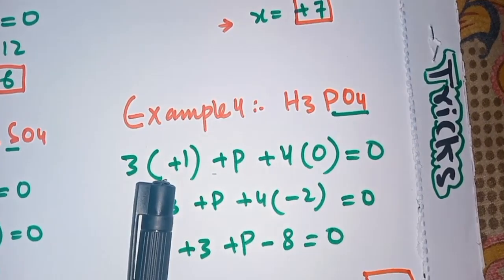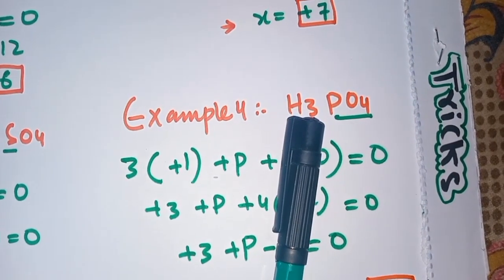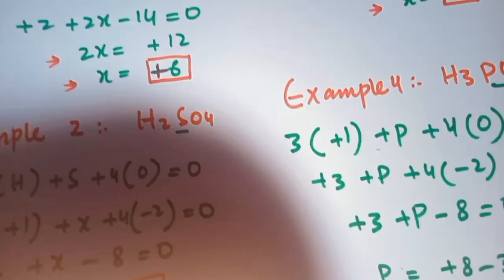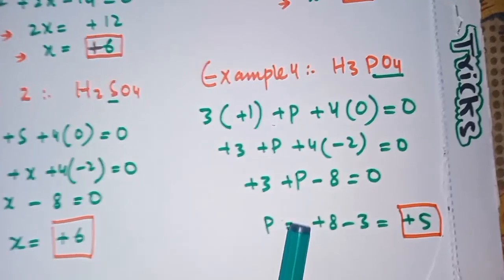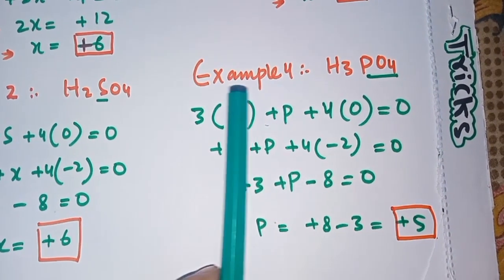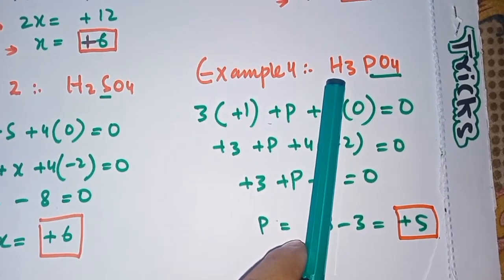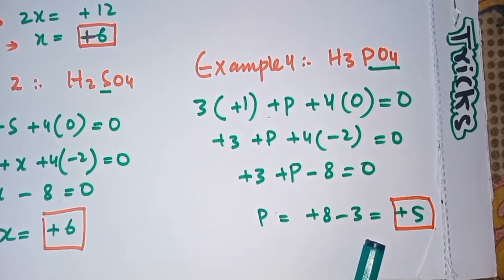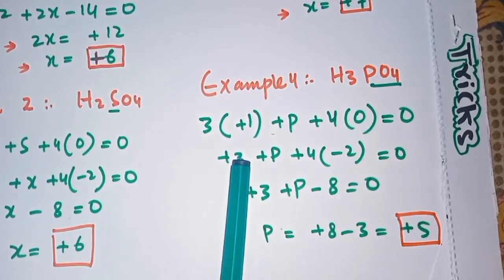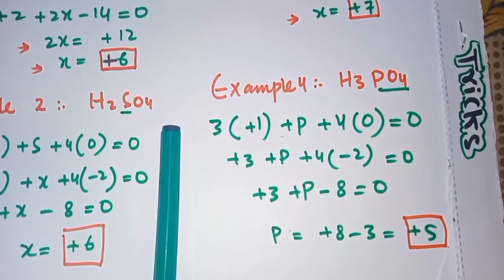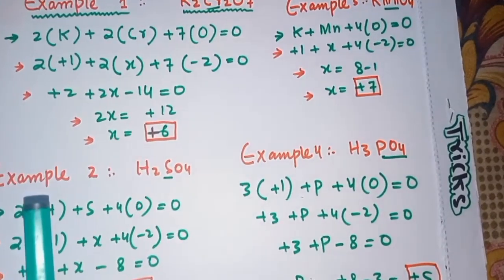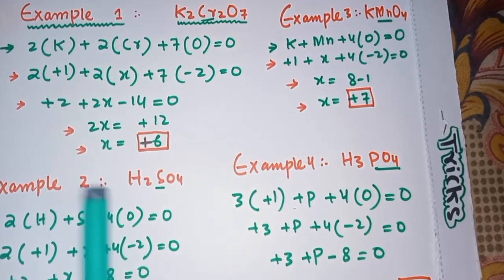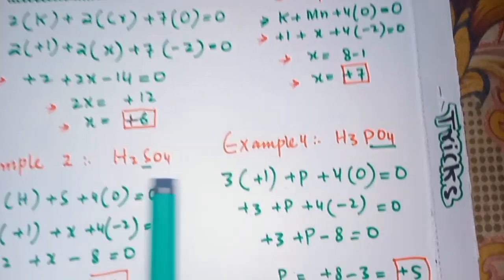Example number 4. Let's talk about another example, which is phosphoric acid. If you get the answer correctly, you can really understand how to find the oxidation number of any atom in a molecule or ion.